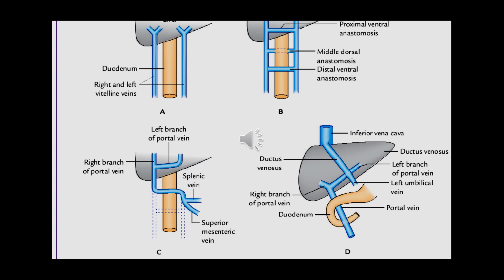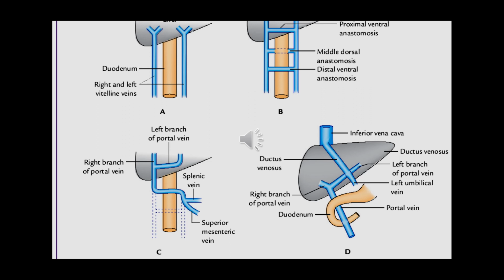So the left branch of the portal vein is involving the proximal anastomotic channel. That's how we can also say that the left branch of the portal vein shall be longer, because it is formed from the entire proximal anastomotic channel.